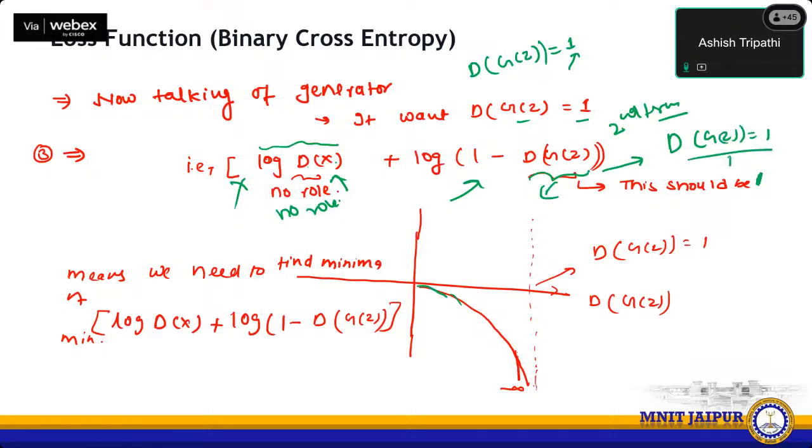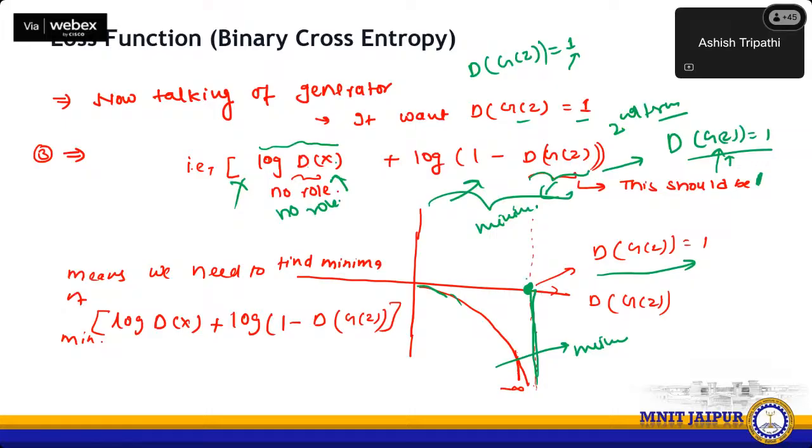And when this is equal to 1, that means the discriminator has failed, because the discriminator should tell this as 0. But when the discriminator fails, then this is equal to 1. And when D of G is equal to 1, this graph will have the minimum value.